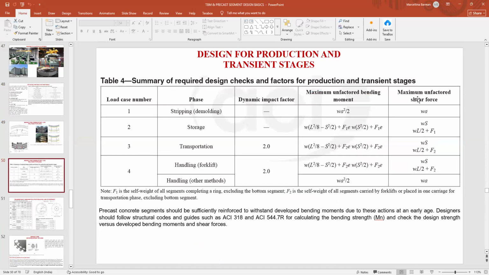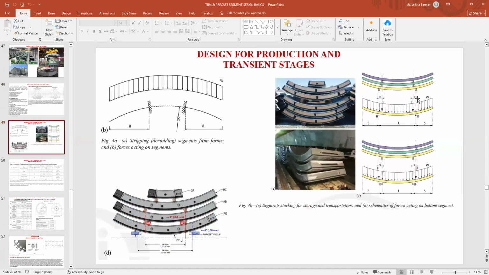Now, when you remove the segment, there is also a certain minimum strength that is specified by the designer. If it is an M40 or M50 grade segment, there will be a minimum strength, I don't remember exactly, but in the DBR, the design basis report, the designer specifies that if this strength is achieved by the concrete segment, then you can remove the segments.